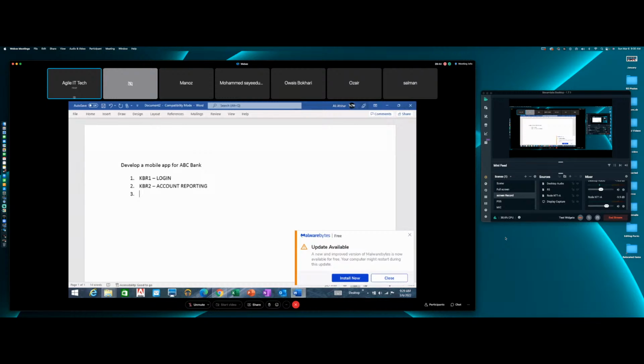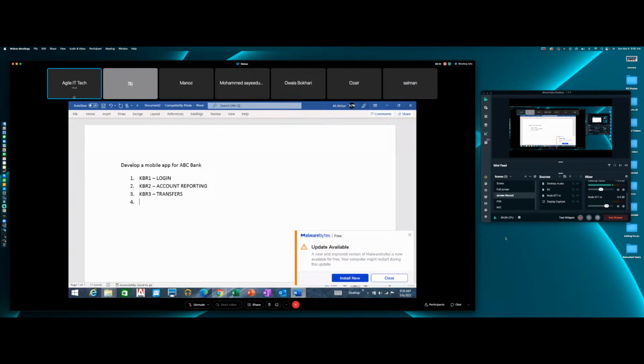What's another major function of your mobile app? What else would you like the mobile app to do? Transfer, withdrawals. Well, withdrawals from a mobile app? How are you withdrawing from a mobile app? Maybe you could use something like Venmo. That's still transfers, right? Withdrawal is what an ATM machine or the branch does.